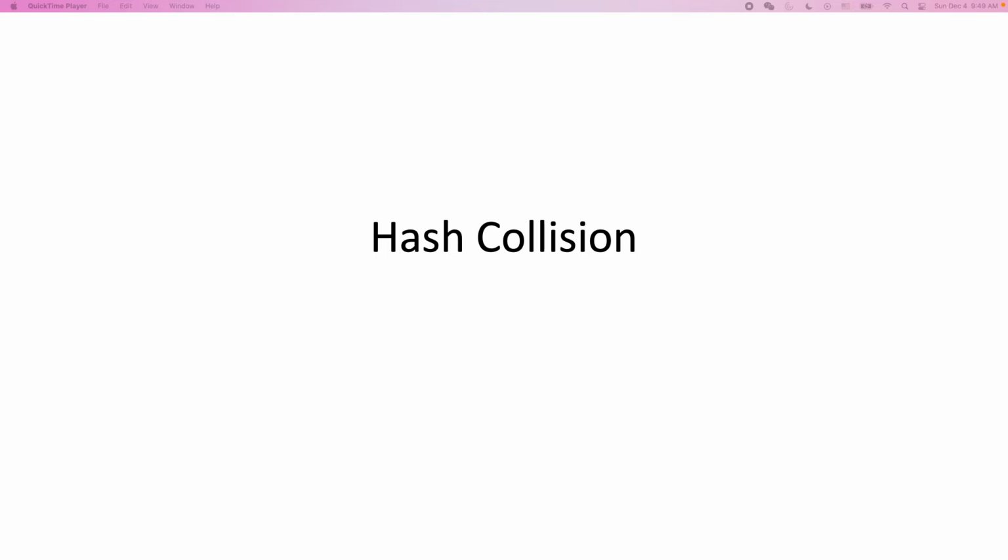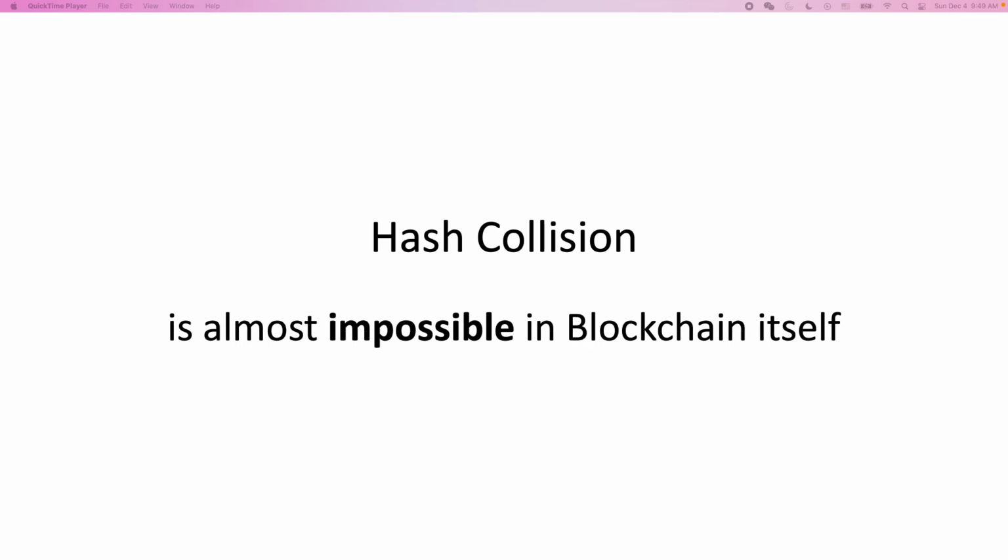As we all know, so far countless applications based on blockchain technology have been built successfully, like Bitcoin, Ethereum, and all kinds of decentralized applications. SHA256 is used to hash so many things for them. Has any hash collision happened in this process? Actually, hash collision is considered impossible to happen in this process.